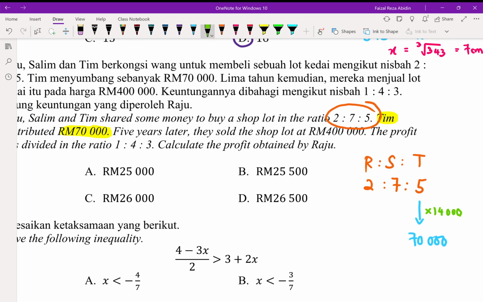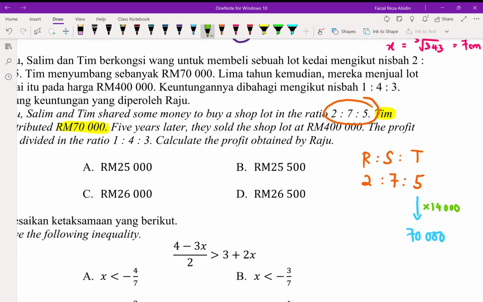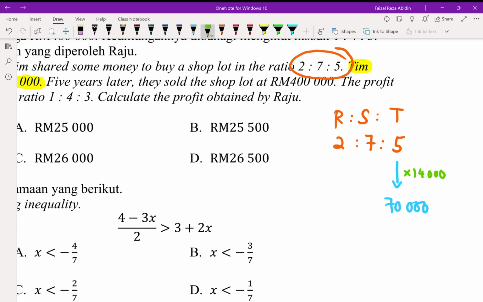Means that, can we find for the Raju and Salim share also? Not share lah, the contribution. Yes, by times by 14. So can you find for me for Raju? So 2 times 14, you're going to get 28,000.